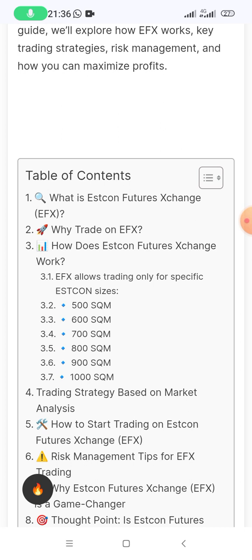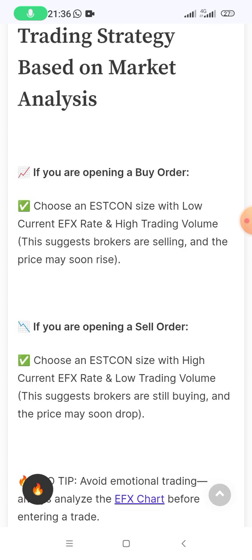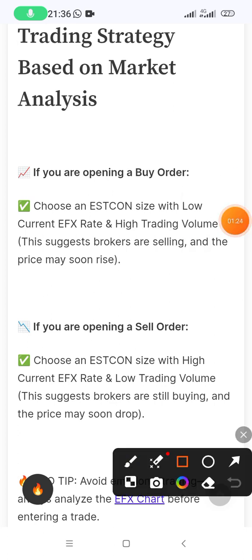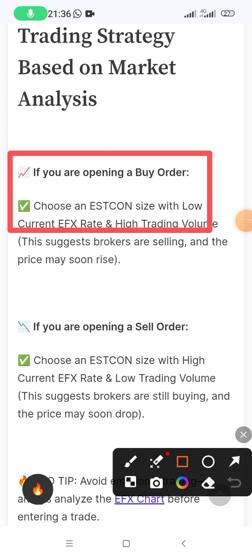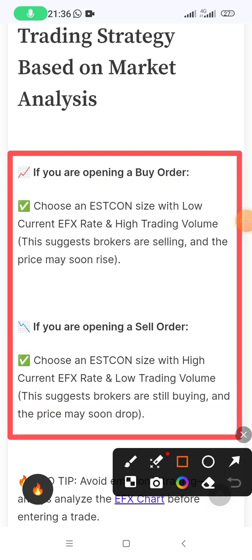Yes, that's the trading strategy. This is what I'm looking for. Make sure you save this. It's very, very important. You can even screenshot it once you go to Academy.